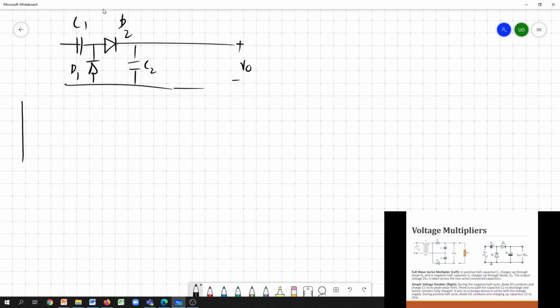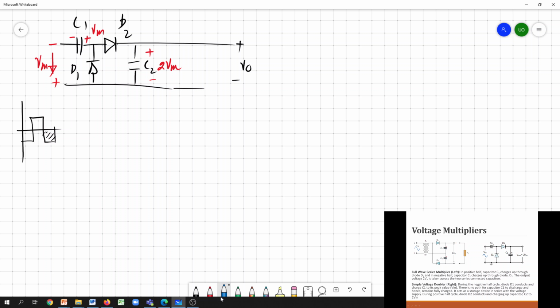Now I'm referring to the second negative cycle. So your input is something like that. So this is already charged to Vm. Now this is already charged to 2Vm.